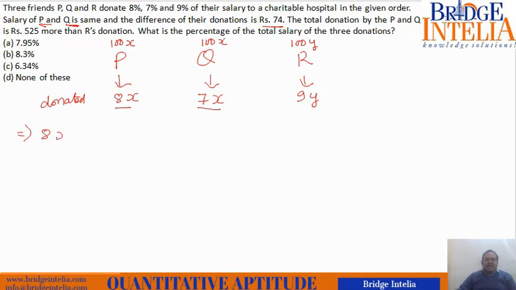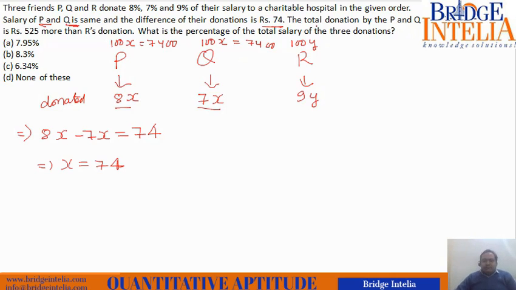It means 8x minus 7x is given as 74. So from here x comes out to be equal to 74. So their salaries are immediately known. This is 7400 and this is also equal to 7400.